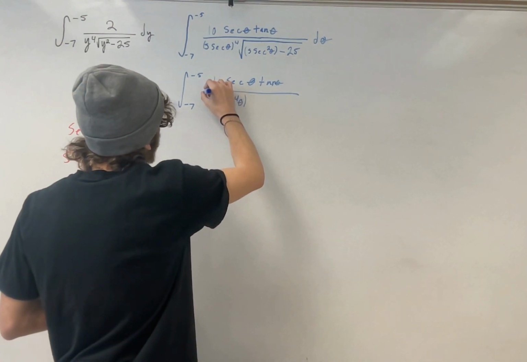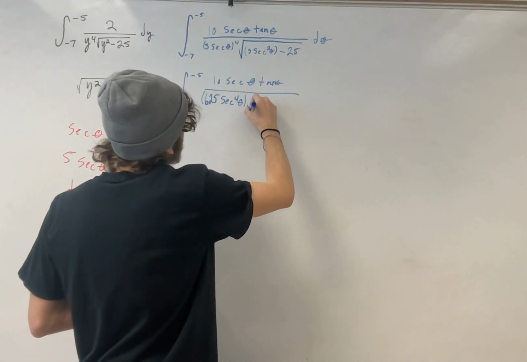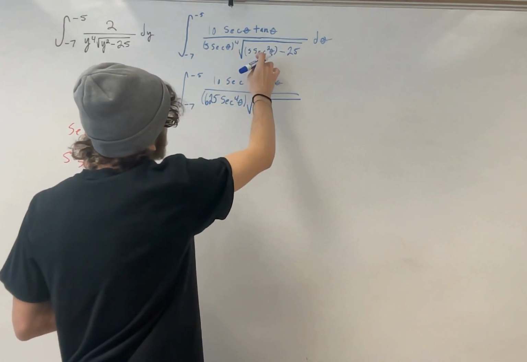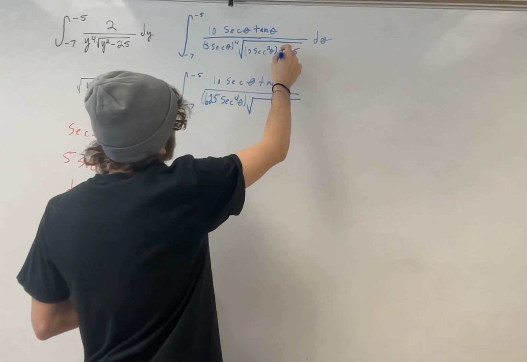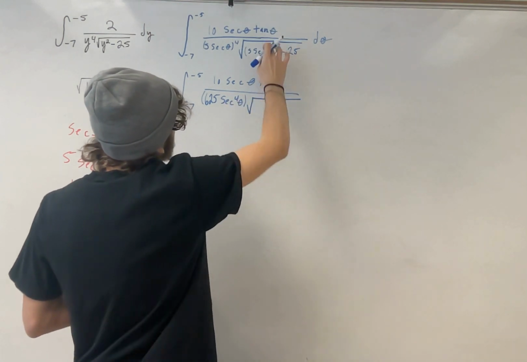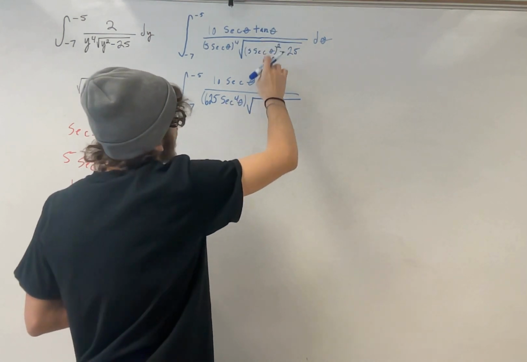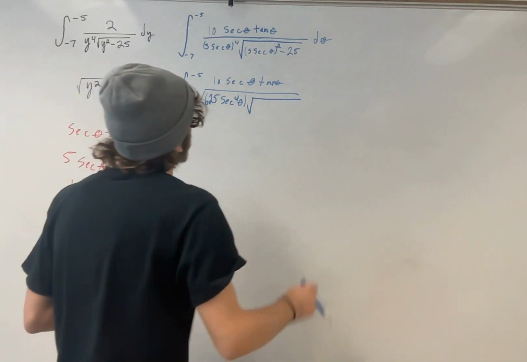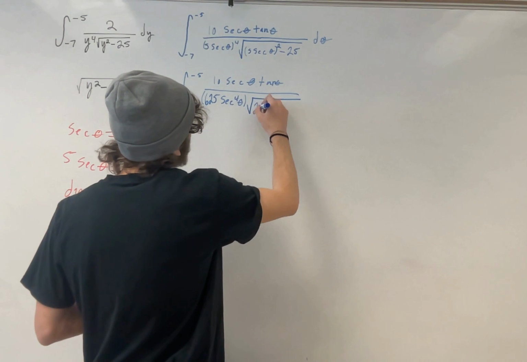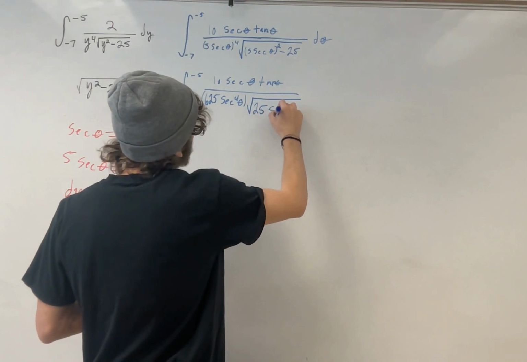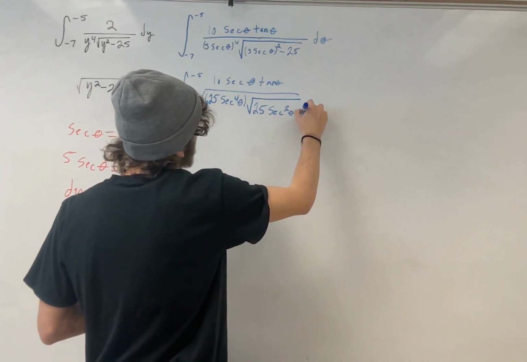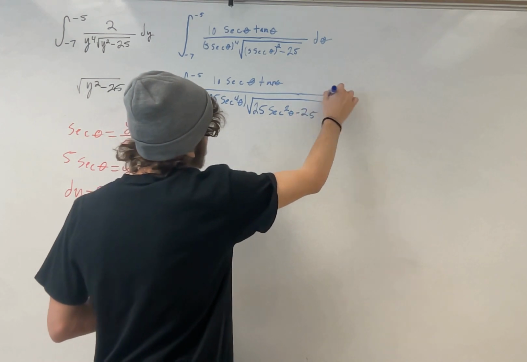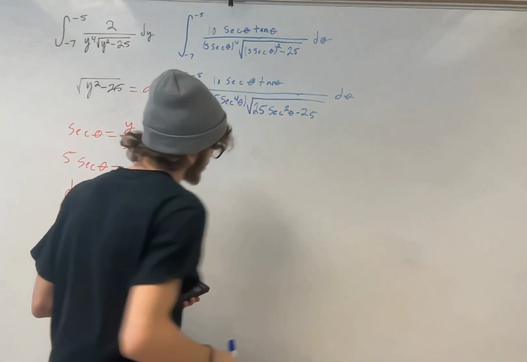We're going to multiply this by the square root, and we're going to simplify this. If this is squared here, 5 squared is 25. Secant squared of theta minus 25. And we're taking the integral with respect to theta.